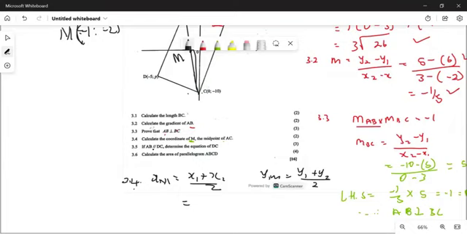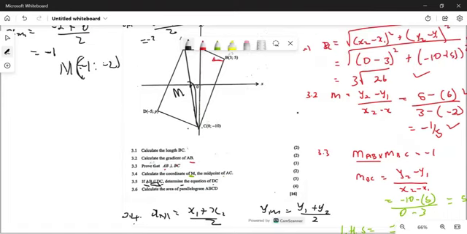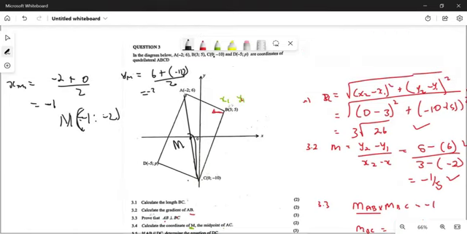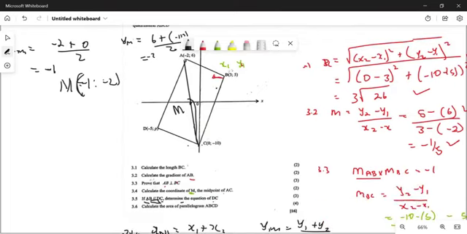They say if AB is parallel to DC again, determine the equation of DC. So again, they're saying we should look at the following. They're saying to us if AB is parallel to DC, you are told this one is parallel to this one again.